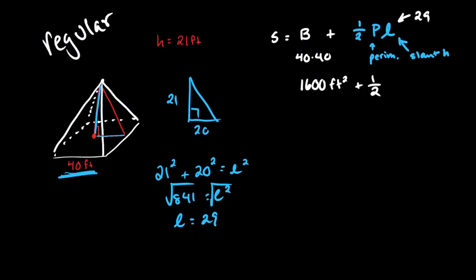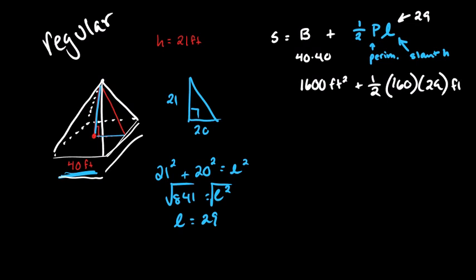So we do 1/2 because I'm dealing with triangles, and so if I have that base and that base and that base and that base, all times the same slant height, I do have to account for the fact that they are triangles and take the 1/2. So the perimeter here, 40 plus 40 plus 40 plus 40 is 160 times that 29.